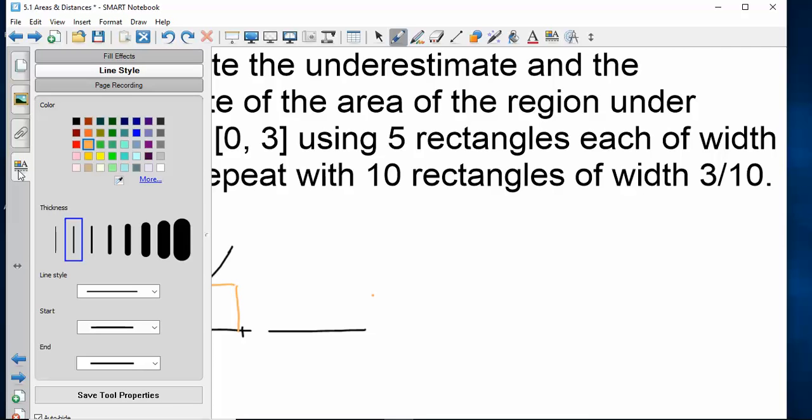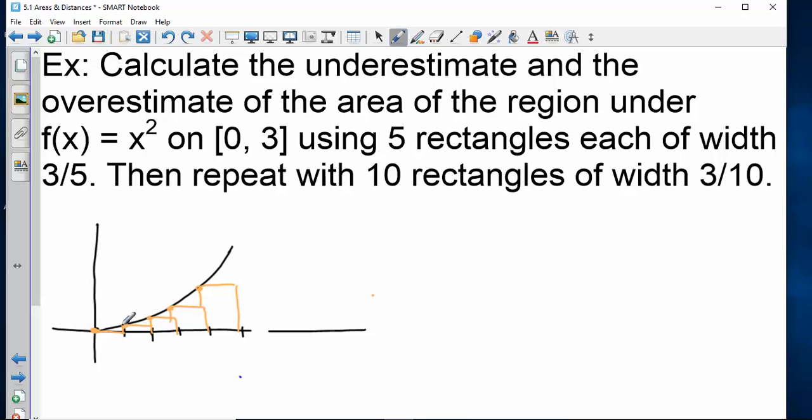We could also look at the right-hand sum. If I use the right-hand endpoint of each one to draw my rectangle, would this be an over or an underestimate? Over, because this time they've all fallen above.